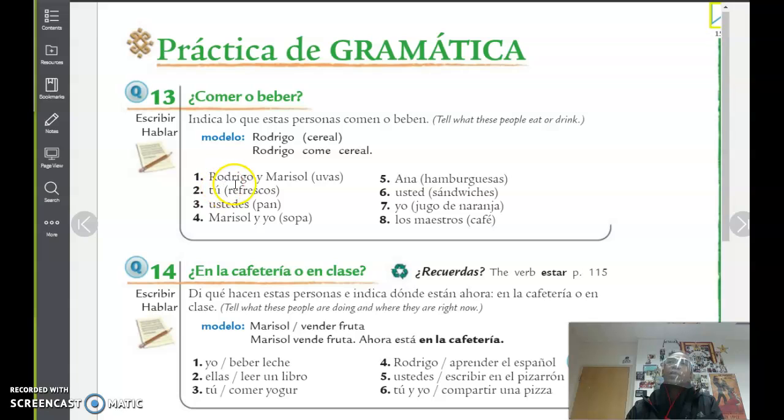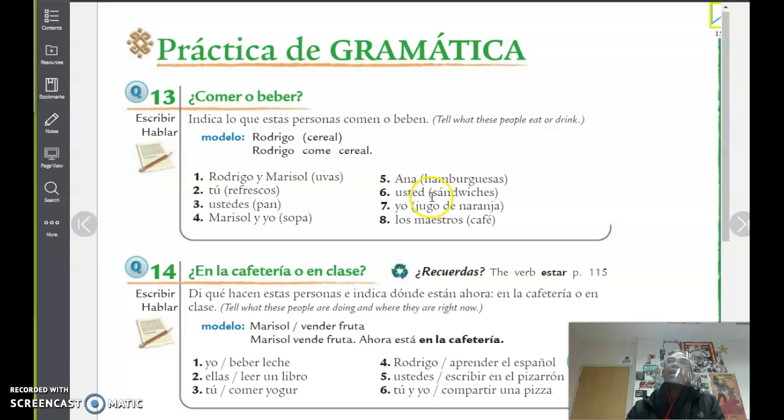It's two of them. Tú bebes refresco. Ustedes, pan is bread. So they are not going to drink, they're going to eat bread, right? So it will be, ustedes comen pan. Marisol y yo comemos sopa. Ana come hamburguesa.